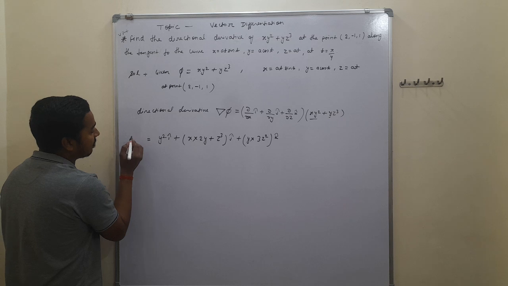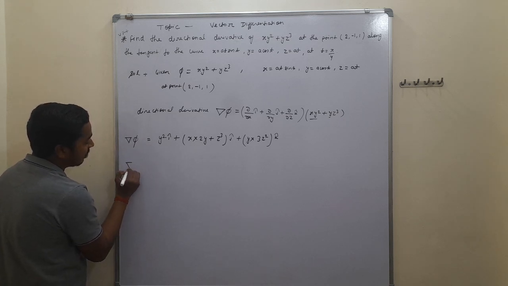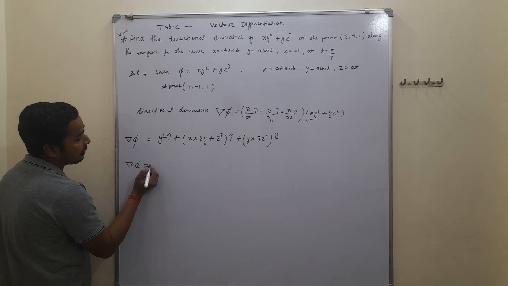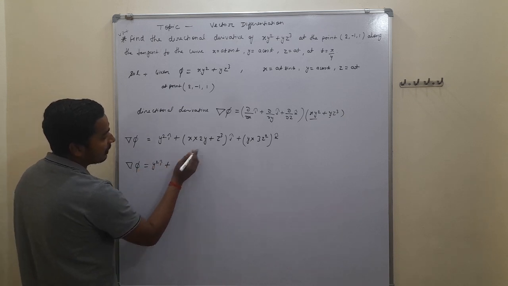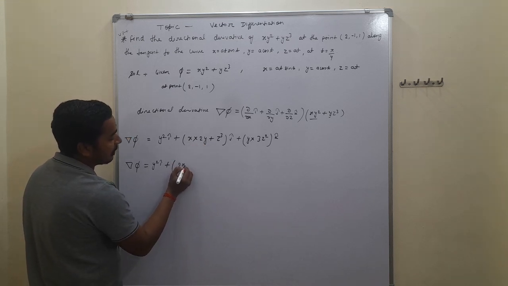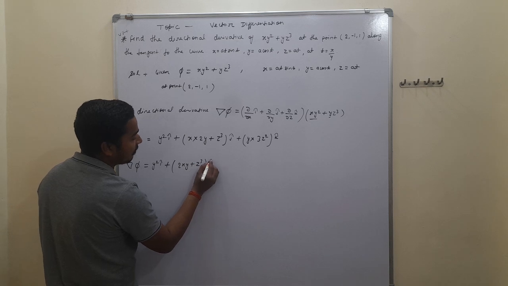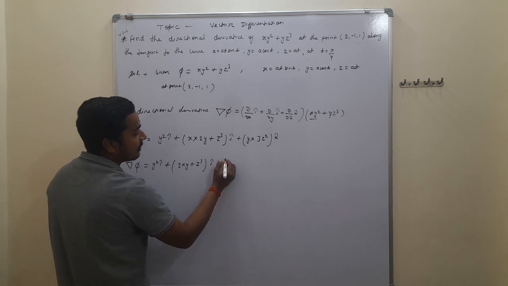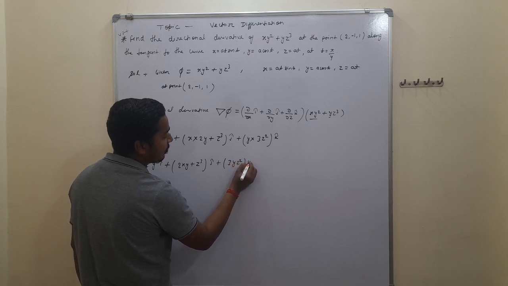So the directional derivative del φ is y² i cap plus (2xy + z³) j cap plus 3yz² k cap.